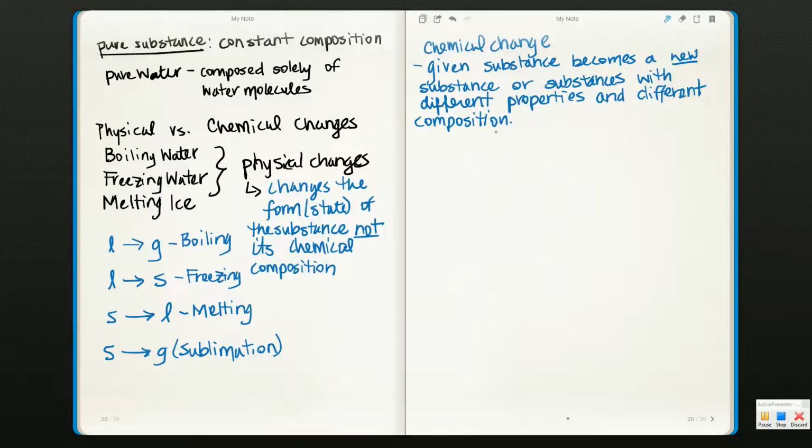Okay, so a chemical change would be something like fermentation, so if you take sugar and ferment it to make alcohol, this is a chemical change.